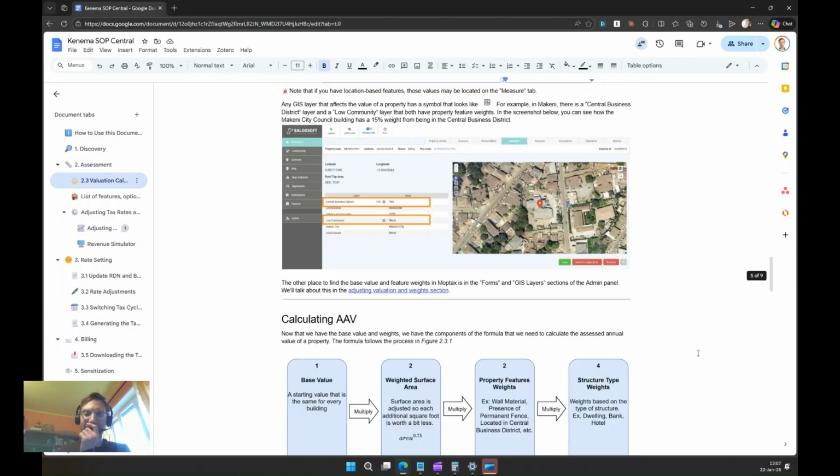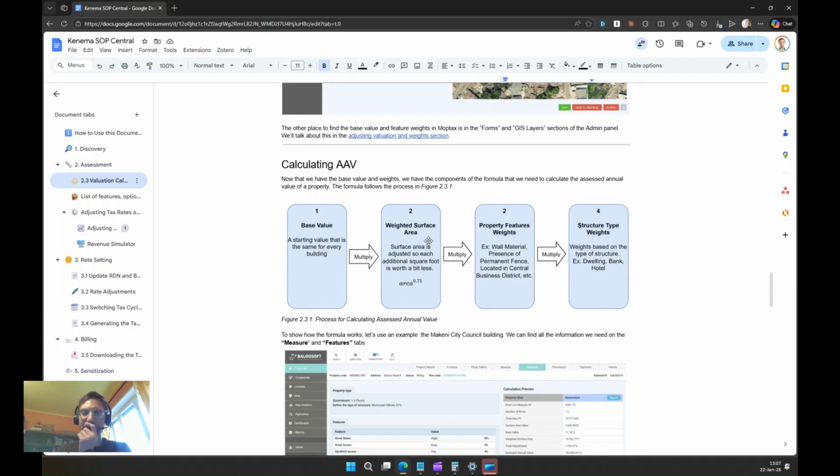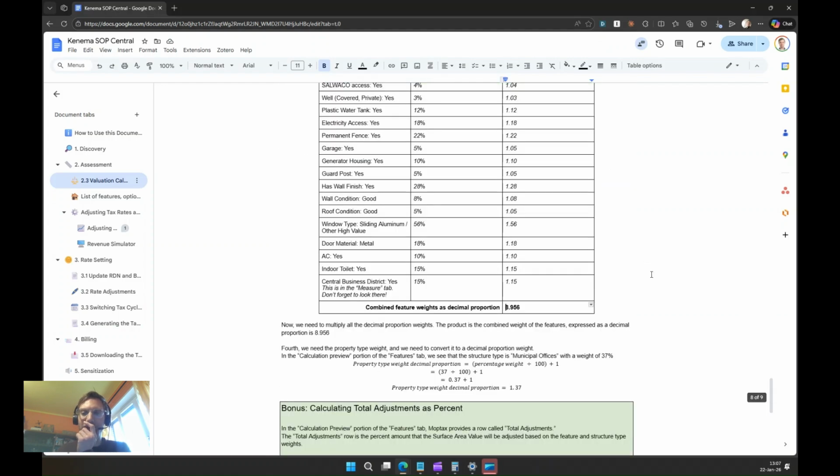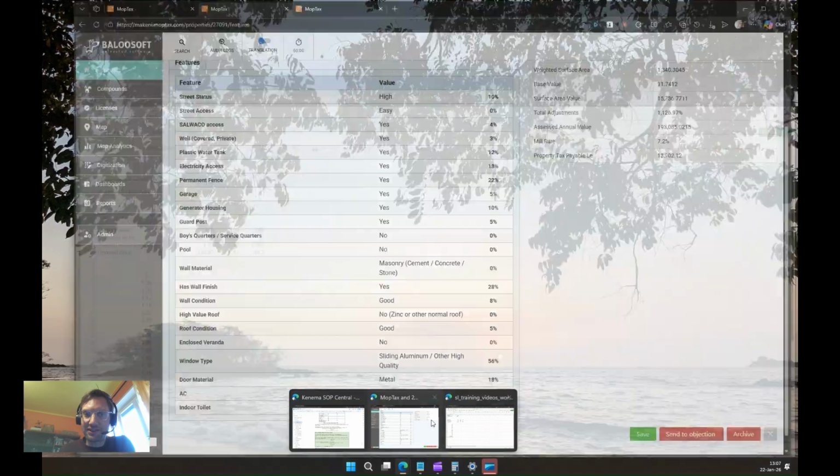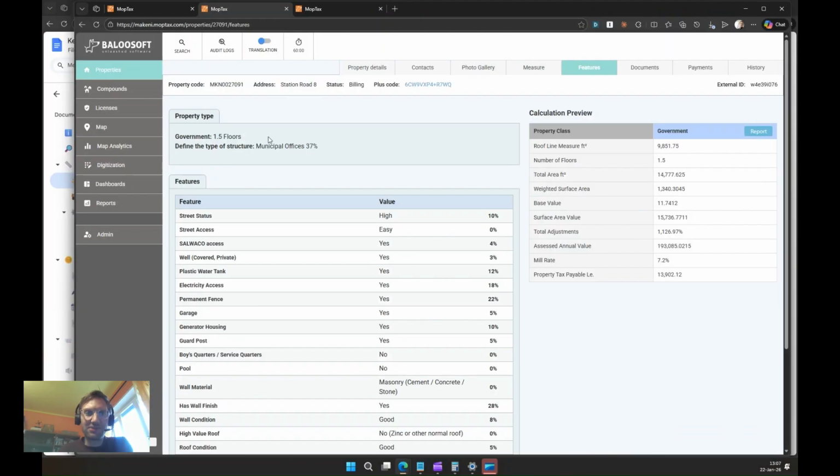At this point, we have the base value, the weighted surface area, and the property feature weights combined together. The last component we need is the structure type weight. So the McKinney City Council building has the property type municipal office, which gives it an increase in value of 37% because an office building has a higher per square foot value than a dwelling.